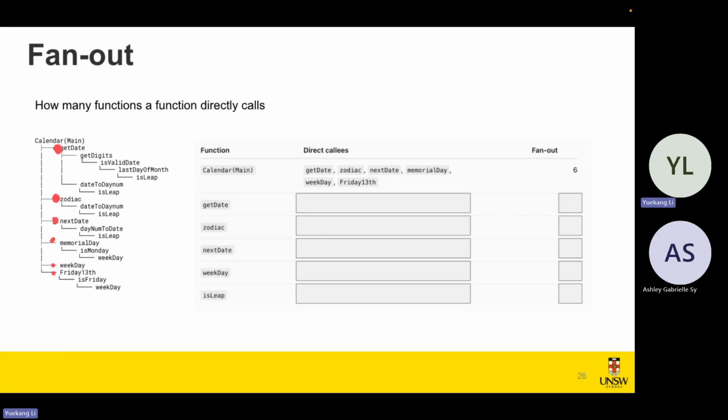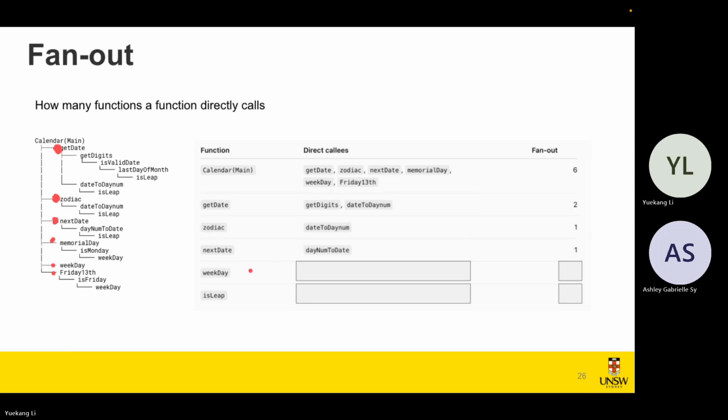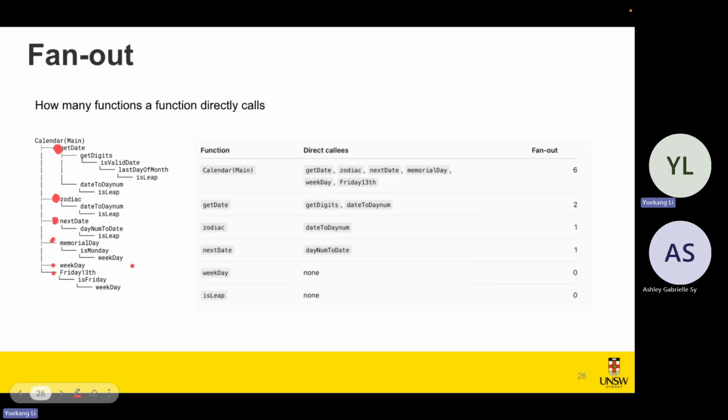You can use the rest of the functions as practice, but it's very straightforward. You just count the number of callees, and that is the value of fan-out. And some functions are leaf nodes of the call graph. They have no callees, and therefore the values of fan-out for these functions are just 0.